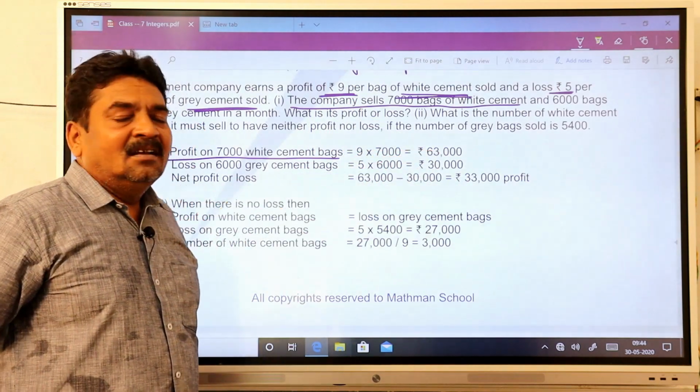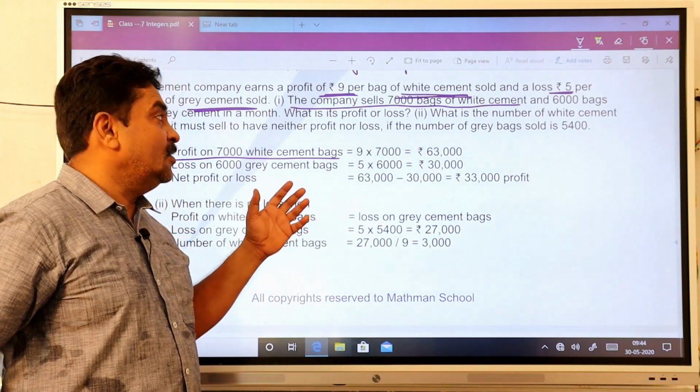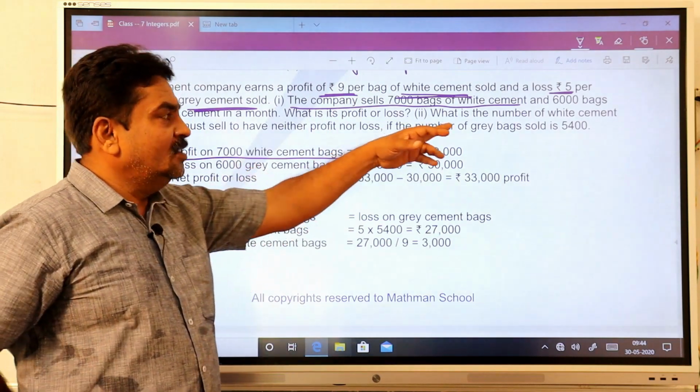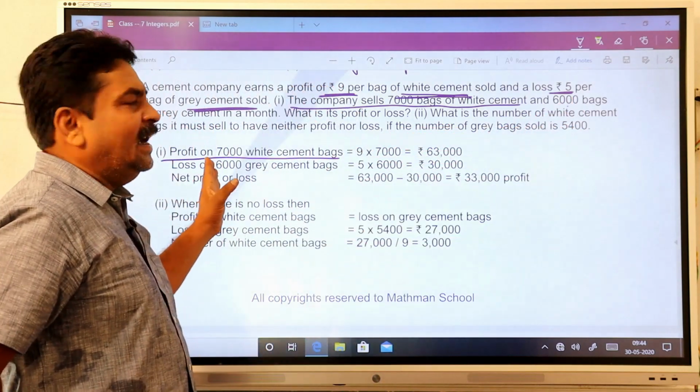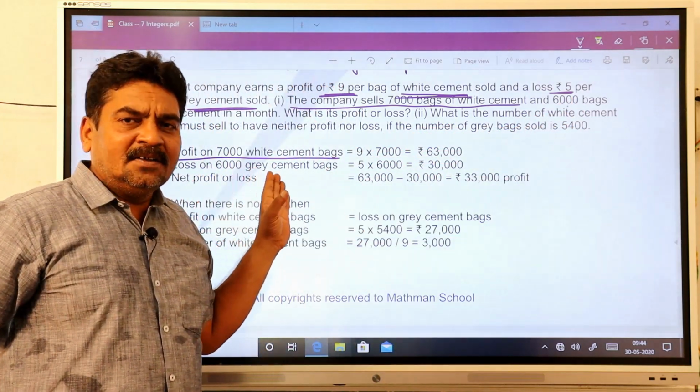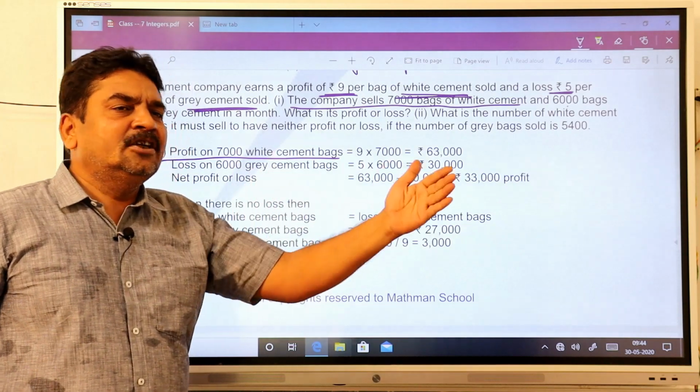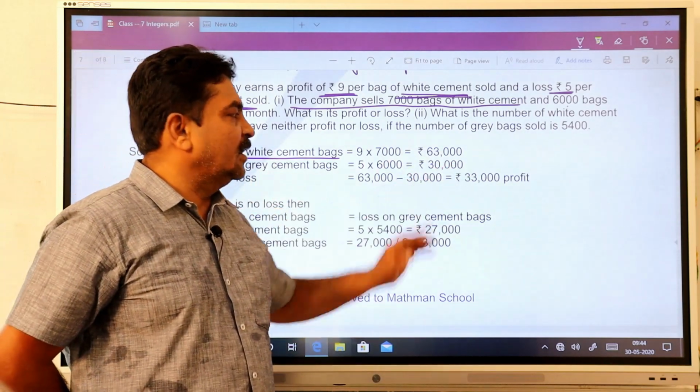Loss on grey: they sold 6,000 bags, and for each bag a loss of rupees 5. So 6,000 into 5 is 30,000.